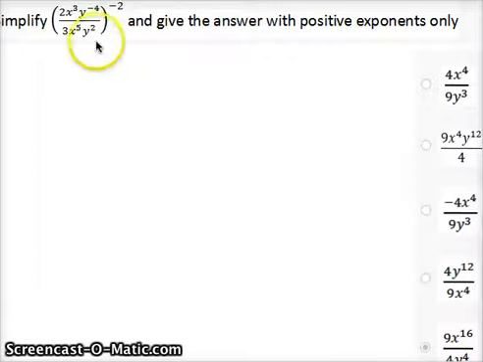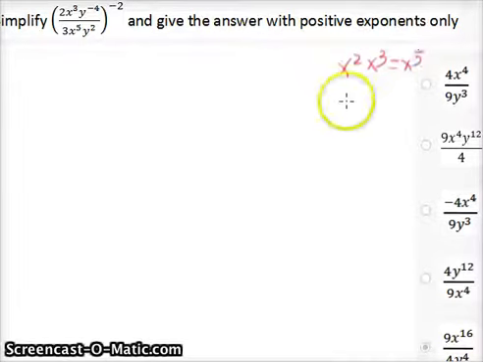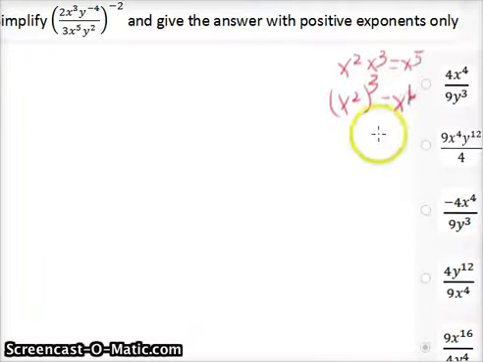Now, at the top, we need to do a little practice first. X squared times x cubed, that's x to the 5th. X squared to the cubed power, that's x to the 6th, we multiply. X to the 5th over x squared, that's just x cubed.